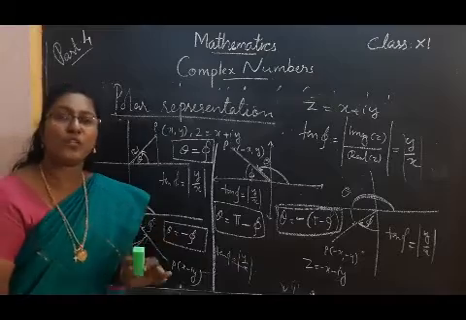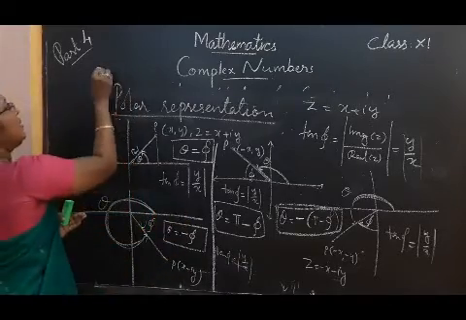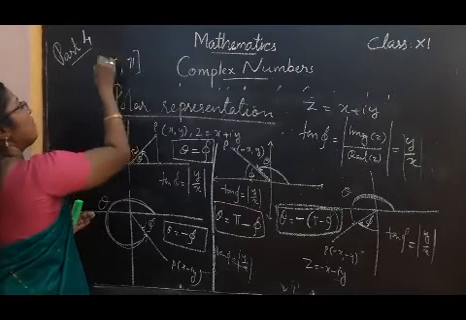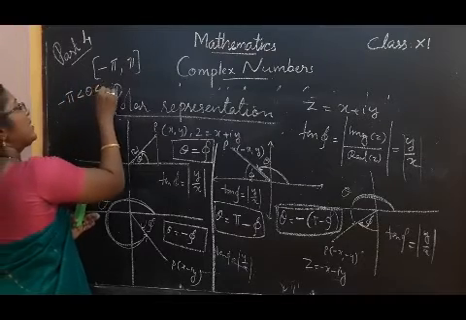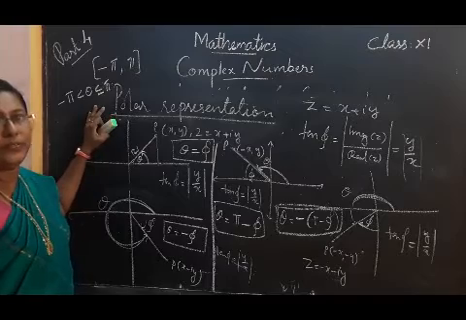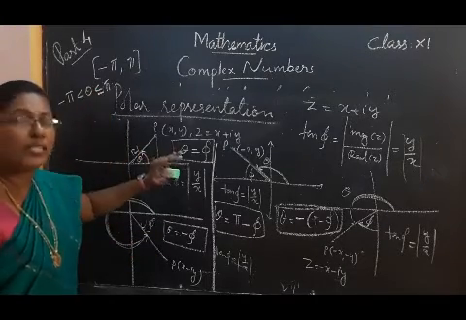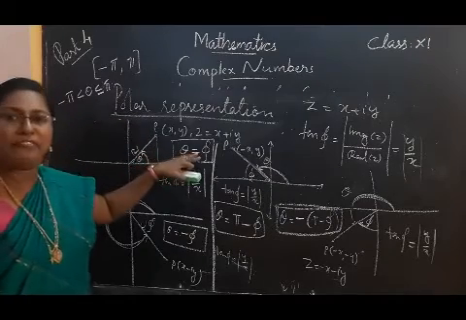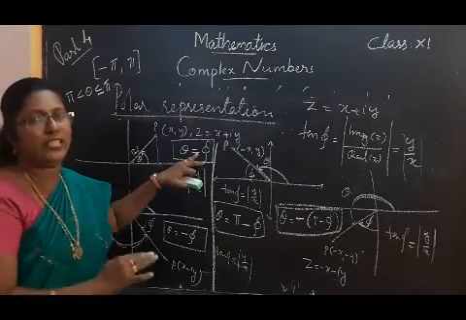To find the amplitude of z, or argument of z, or theta, it depends on the quadrant. Theta always depends on the quadrant. The value of theta lies in the interval minus pi less than theta less than or equal to pi, which is the principal value. In the first quadrant, theta and phi are the same. First find phi, then take it as theta.